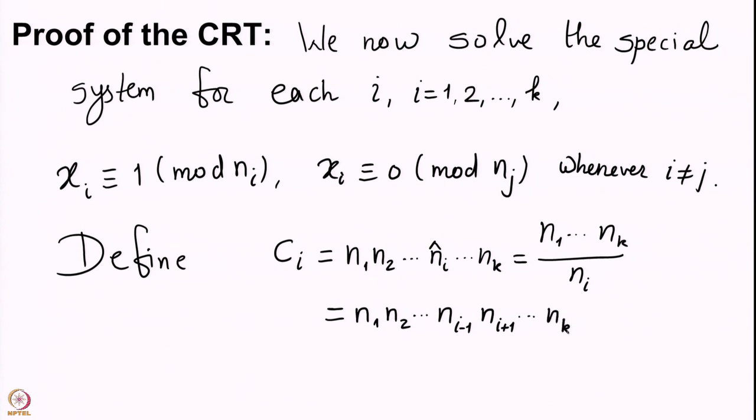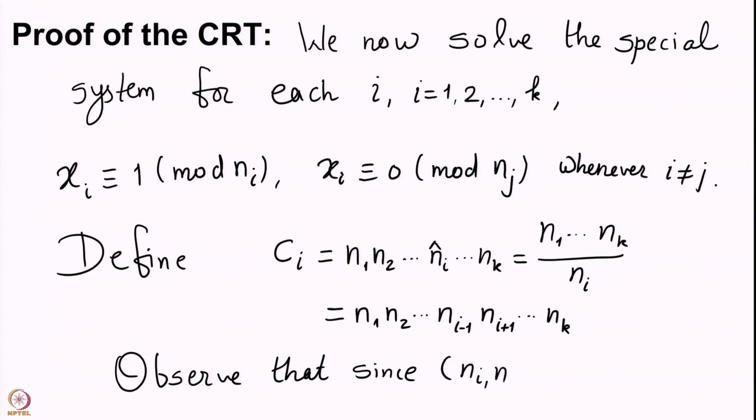Now we observe that since the gcd of ni with nj is 1 for each j not equal to i, Ci and ni are co-prime.